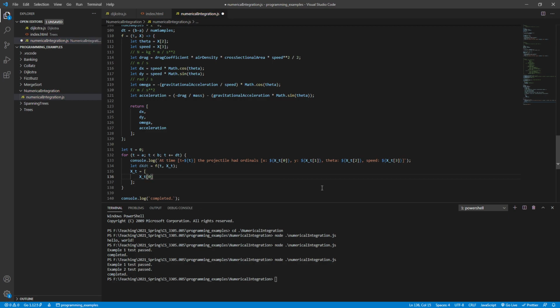There's the value at the previous state, and then it moved at a pace dx dt for a step size of dt. So the previous position plus the rate of change times time to get the new position.